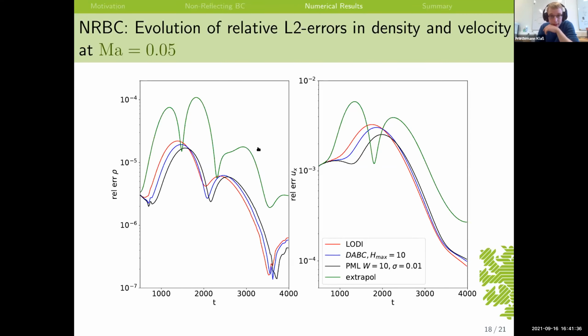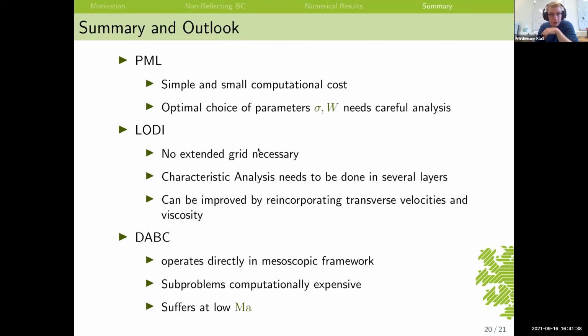And this actually brings me to the summary of this talk. What I have done here is extend several non-reflecting boundary conditions to the multi-speed setting. For the perfectly matched layer approach, this is very straightforward because it is simple and has only a moderate computational cost, and the PML approach essentially only manifests in the modification of the collision operator.